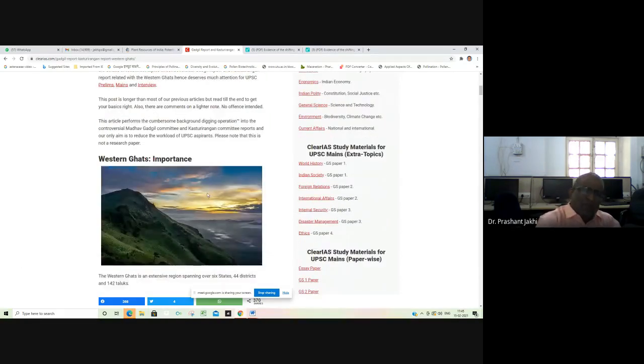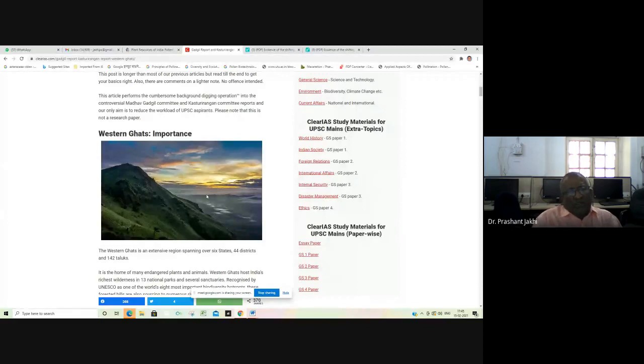So you can observe a single photograph from Western Ghat. Western Ghat is an extensive region spanning 6 states, 44 districts and 142 tahsil or taluka. I have already shared some documents related to Western Ghat, which starts from part of Gujarat and ends at Kanyakumari, about 40 kilometers in width and more than 700 kilometers in length.